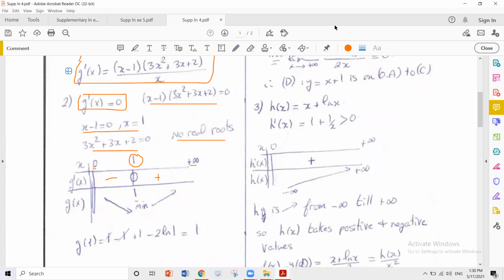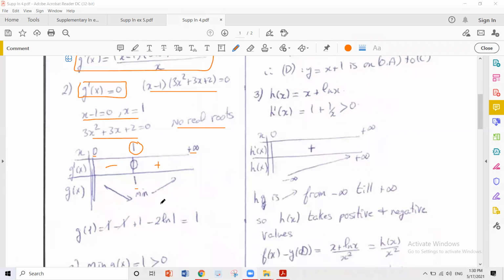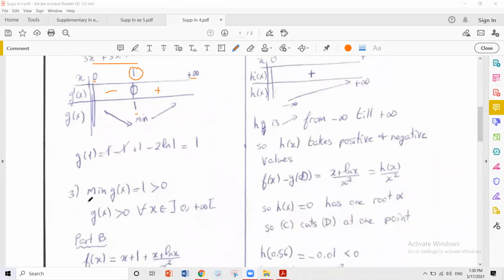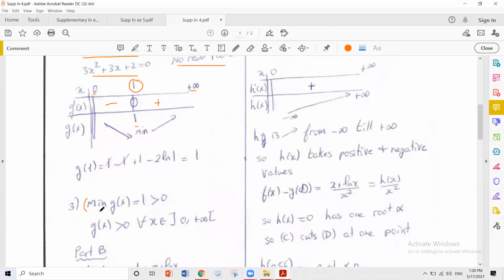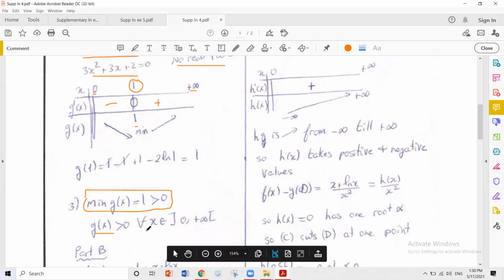Positive. Minimum 1 means positive. So the minimum of g x equals 1, greater than 0. So g x is greater than 0 for all x belonging to 0 plus infinity.